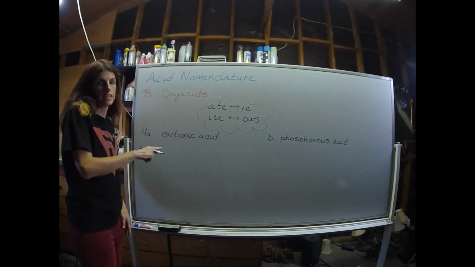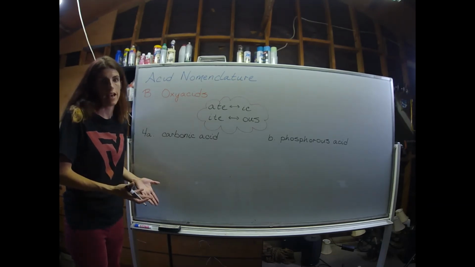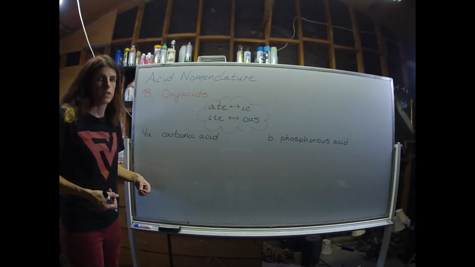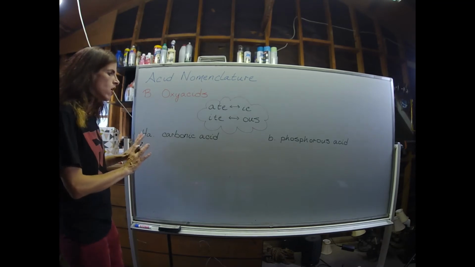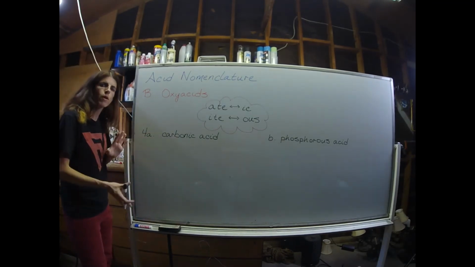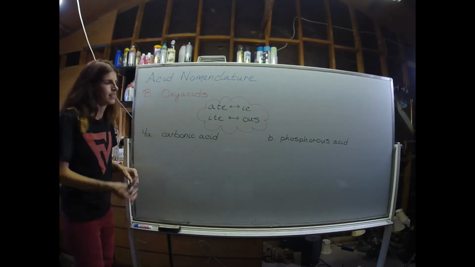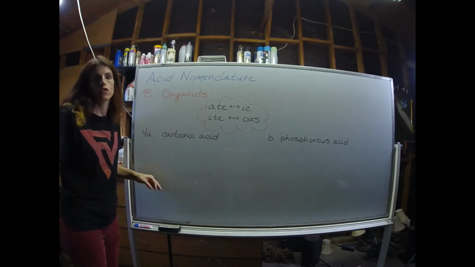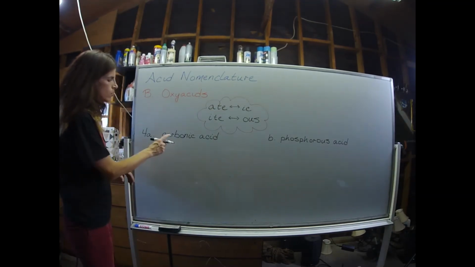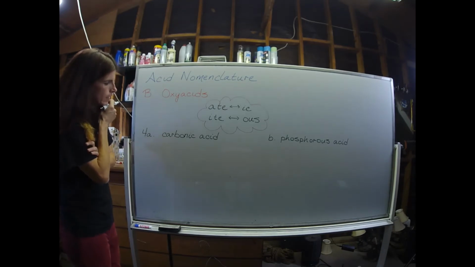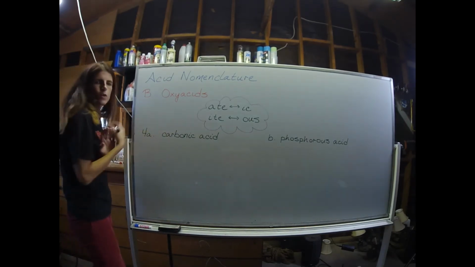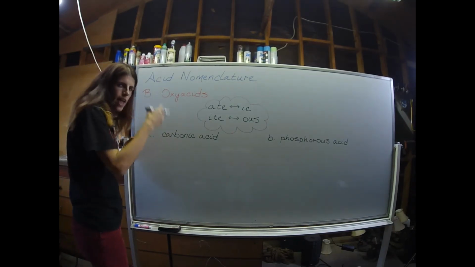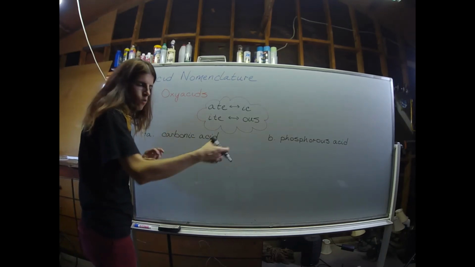So given the names of 2 oxyacids, can we generate the formulas? I know without much thought put into it that they're oxyacids because they're missing the hydro out front. So carbonic. Now this pattern works in both directions. So I got ate to ic, ite to os.